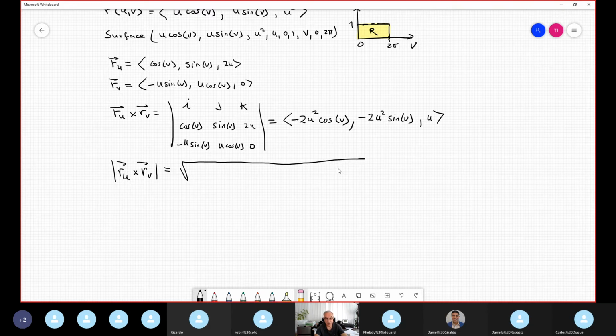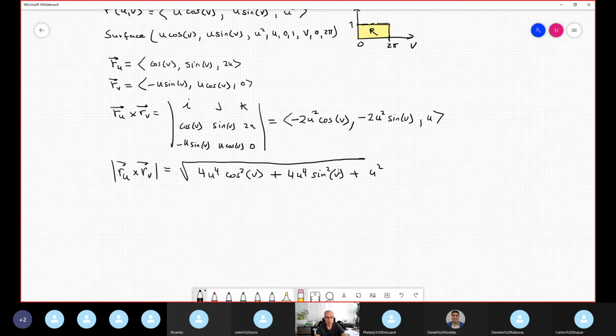The minus becomes positive when you square: 4u to the 4 cosine square b plus 4u to the 4 sine square b plus u square.